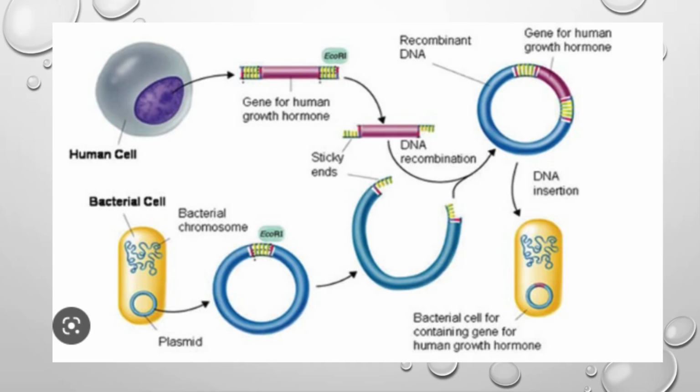Then, they put the recombinant DNA back into the bacterial cell, and the bacteria now carry the human gene and can make human growth hormone naturally as they grow and multiply. In other words, scientists combine a human gene with a bacterial plasmid, and the bacteria produce a useful human protein like a mini factory.